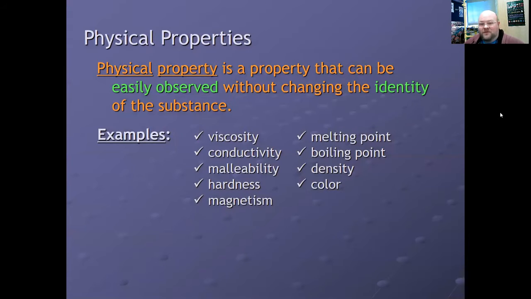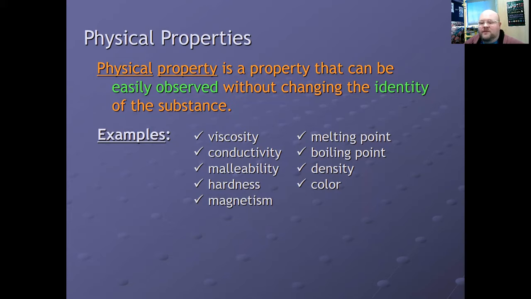First, let's look at the physical properties of matter. A physical property is a property that can be easily observed without changing the identity of the substance. What that means is if you were to look at something and what you can observe about it, that is its physical property. And if it's something that you can change and it does not change the identity of the object, it is a physical property.